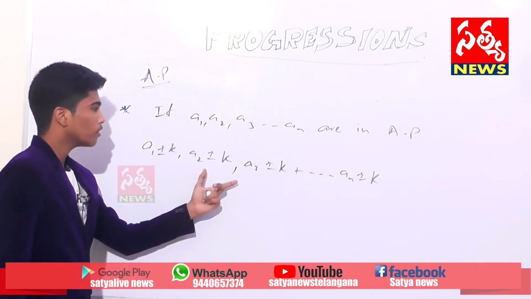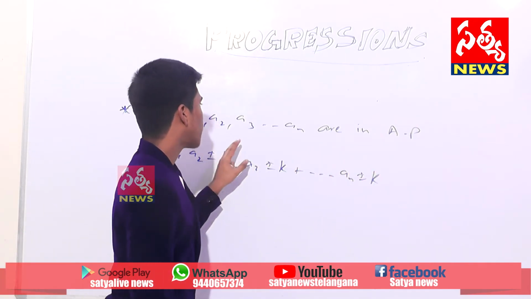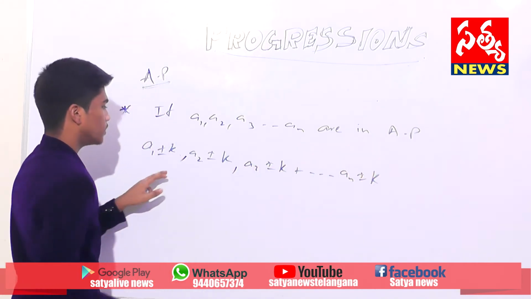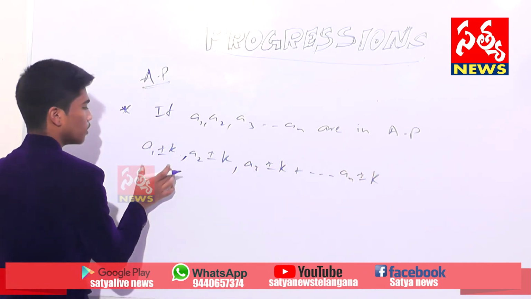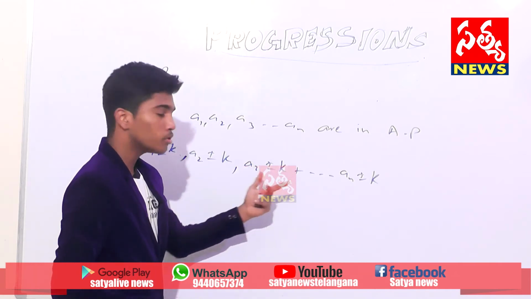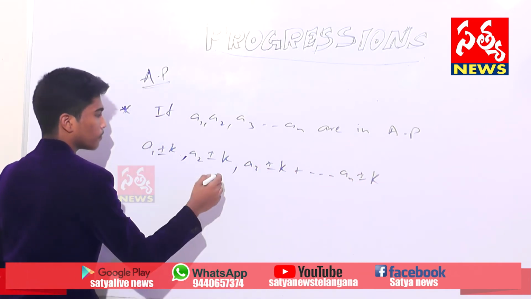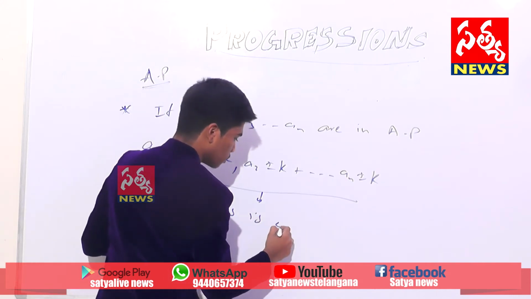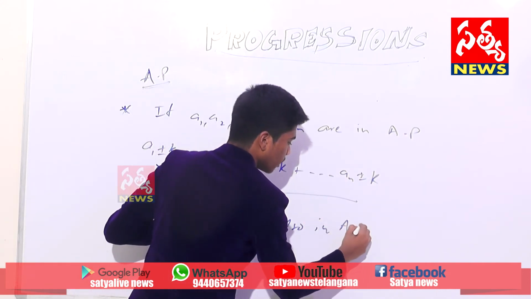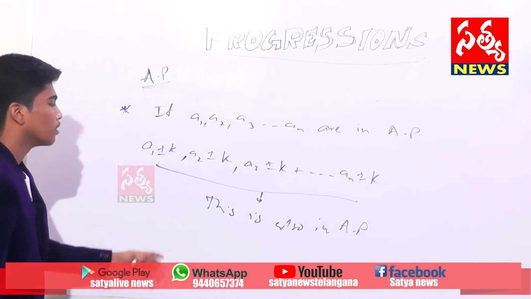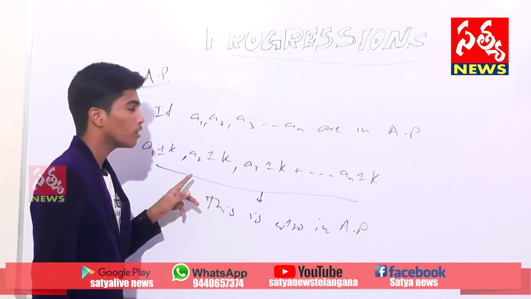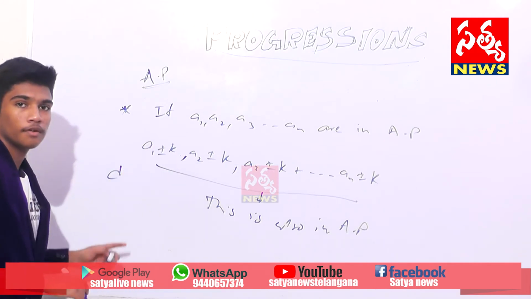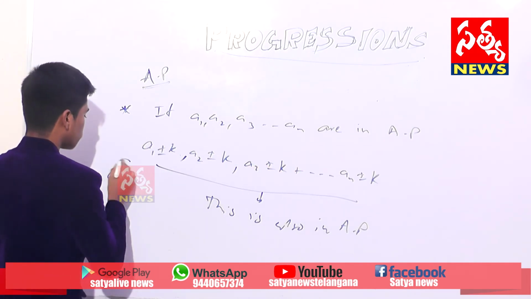If every term in the AP is added or subtracted with the same constant, which is k, then the new series will also be in AP. So this is also in AP, with the same value of d. D is the common difference.